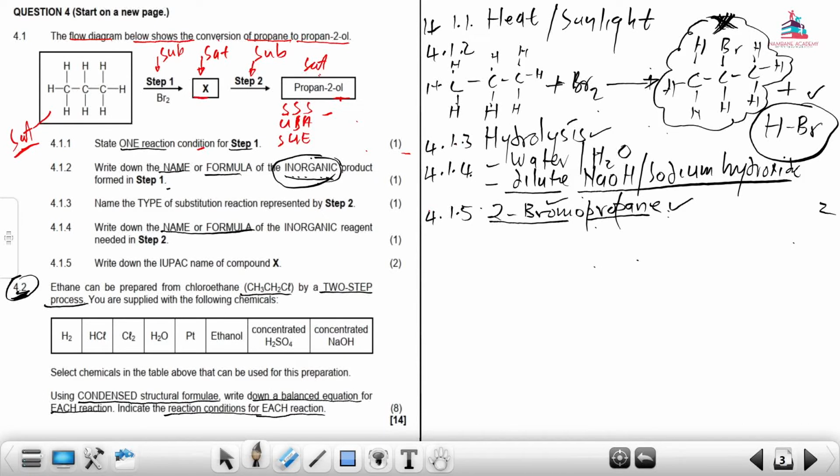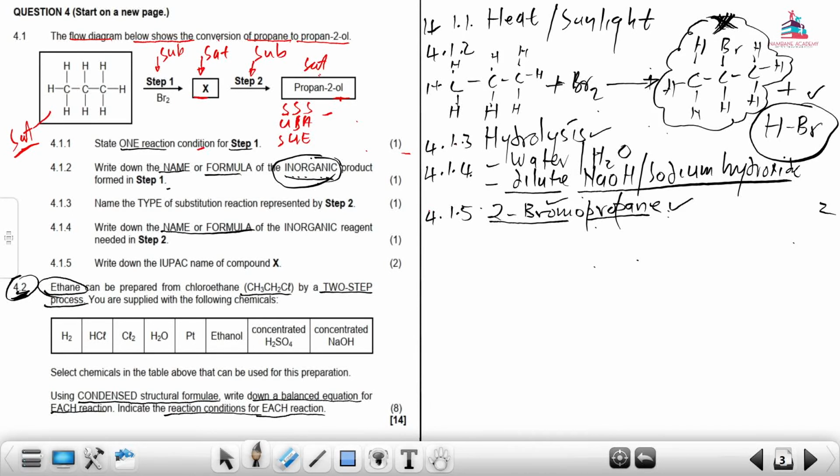Now one will say, where do I start? At the end of it all, I want to end up with a single bond ethane. So it means somewhere I must create a double bond.